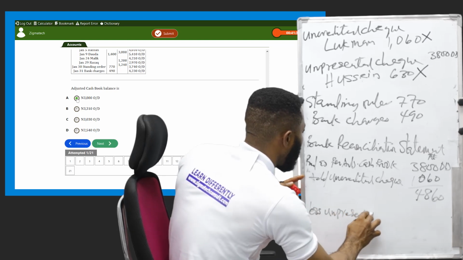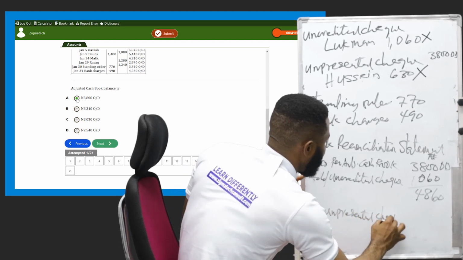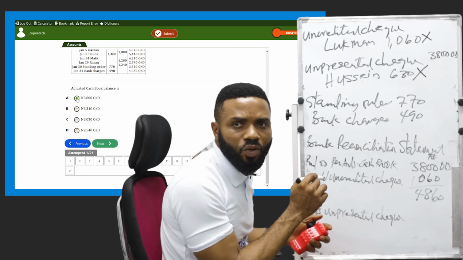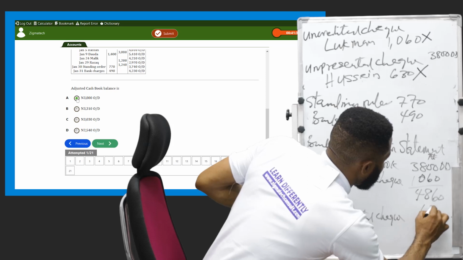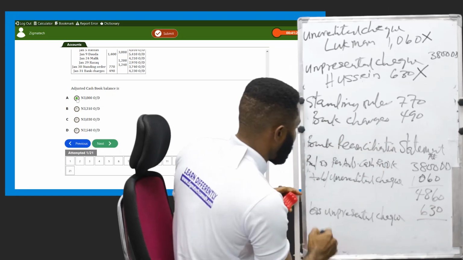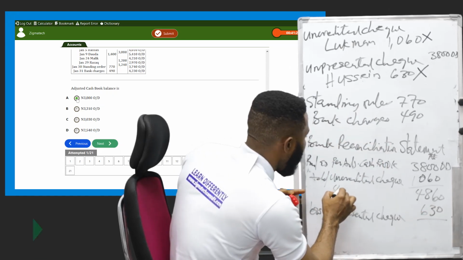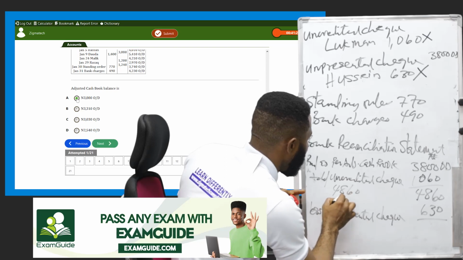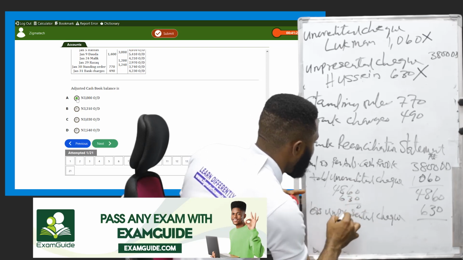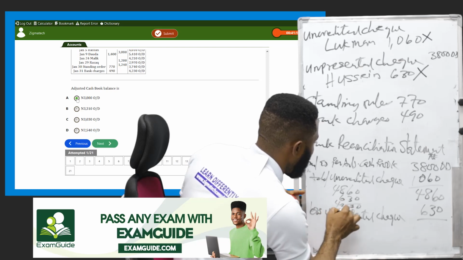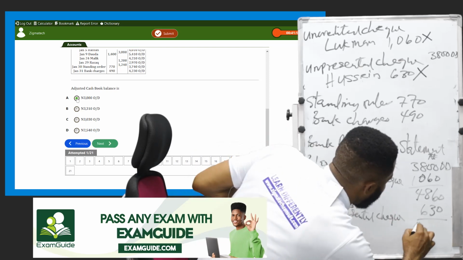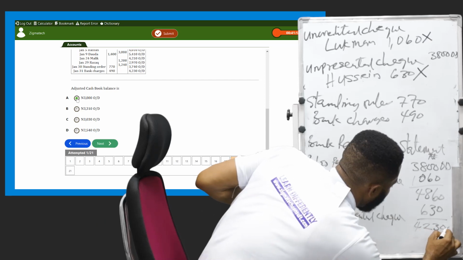unpresented check. Unpresented check in the question is what? 630. Let's subtract 4860 and then 630. This is 0, this is 3, this is 2, this is 4. So you are going to have 4230 OD.